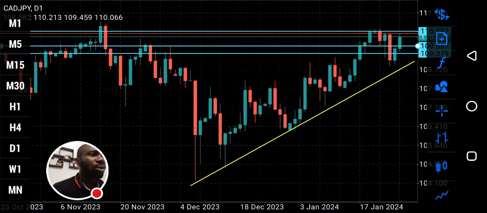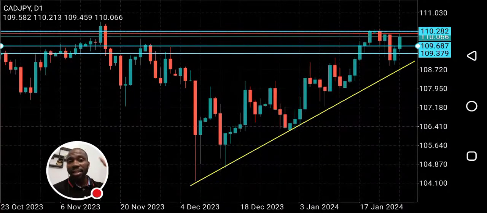So we can't just jump in and start selling. If that high is cleared, expect more bullish move on CAD JPY.